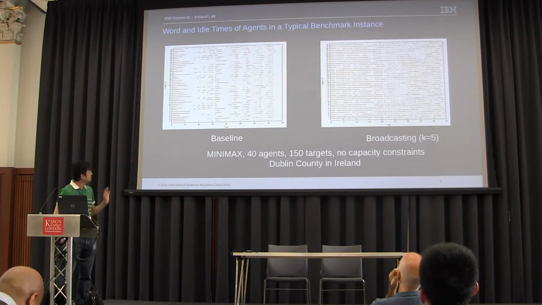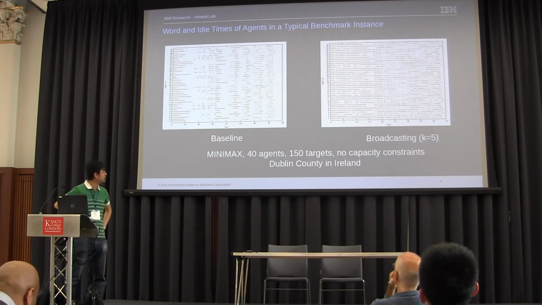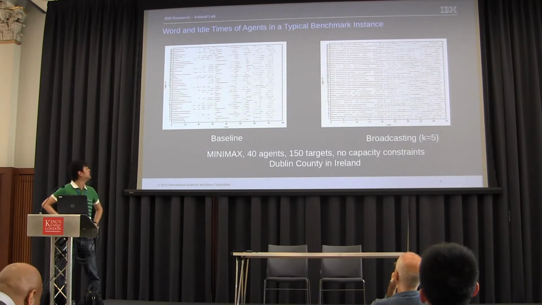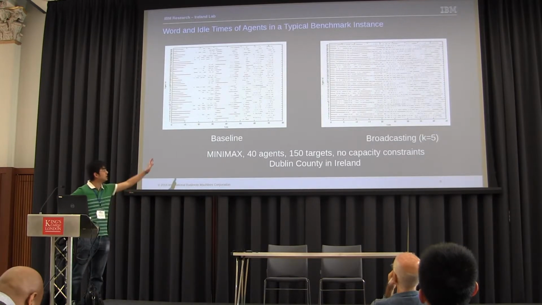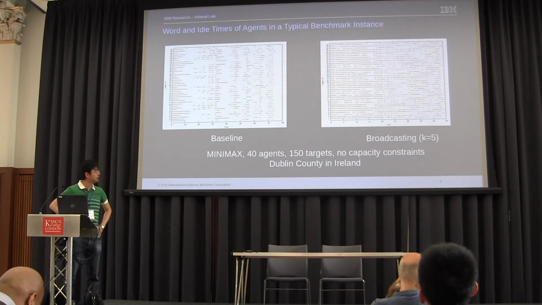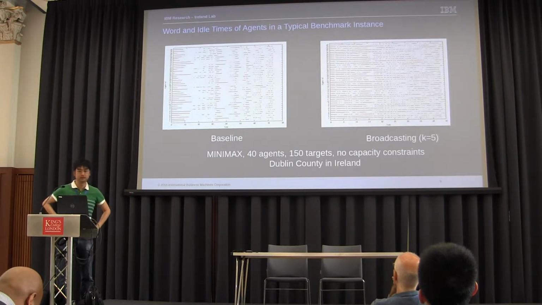Let me show you how it behaves when this approach is incorporated. Again, the graph is the same thing. Compared to the baseline, we have a better situation. But still, there are cases where the agents sit idle doing nothing.